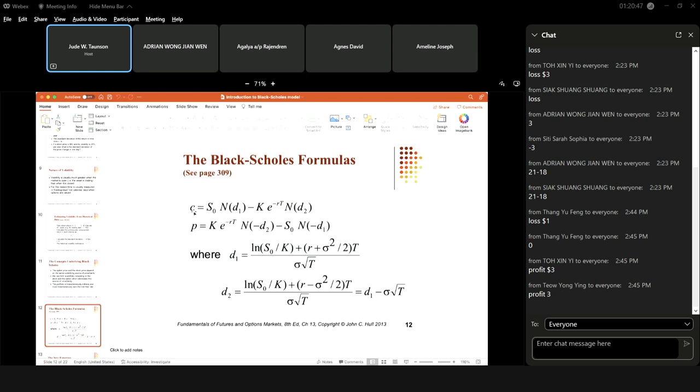Call option is equal to this formula. Put option is equal to this formula. So D1 is equal to this one. D2 is equal to this one. Of course, if you do it yourself, it's going to be difficult, right? So now we are going to do it together using Excel.